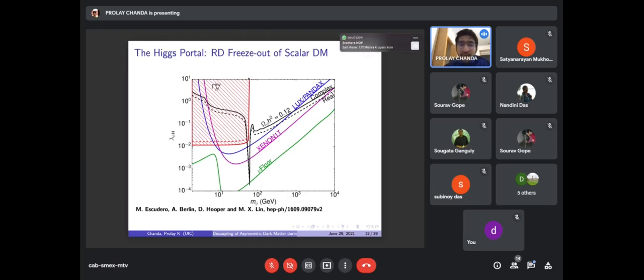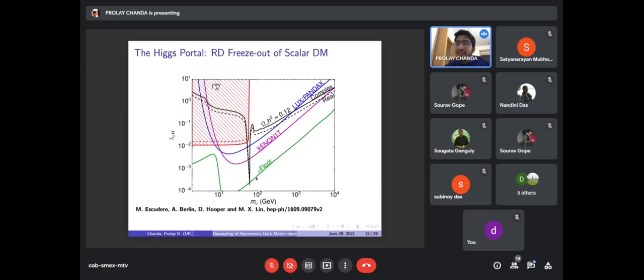So that also gives us an experimental bound, and as you can see, most of the parameter space is ruled out because anything above the experimental bounds is ruled out. The only part that is allowed is the region around the resonance point. Resonance point means roughly the mass of the mediator. In this case, the mediator is the Higgs, and only in this region can we find a dark matter candidate.